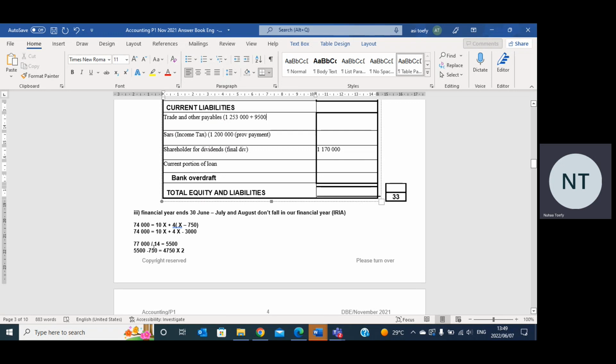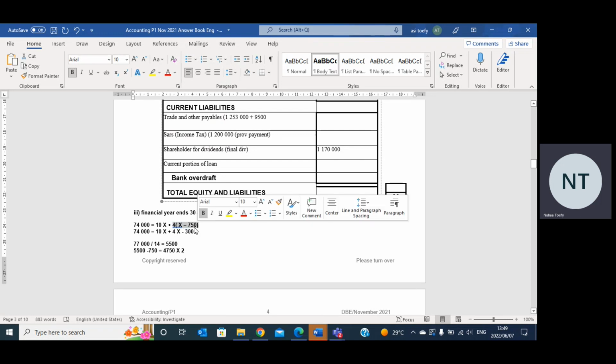I just want to give you a simple version of how you could do this. If you guys saw that for 4 months we received a decrease of 750, to simplify it, I can just take 4 times 750. It gives me 3,000. Now instead of subtracting the 3,000, we're going to add the 3,000 because it was a reduction, and then we'll subtract it afterwards.